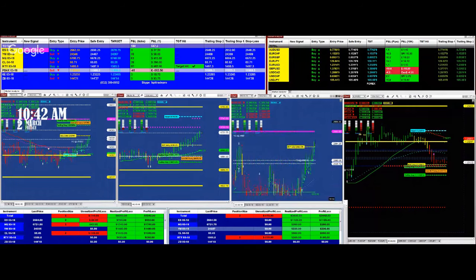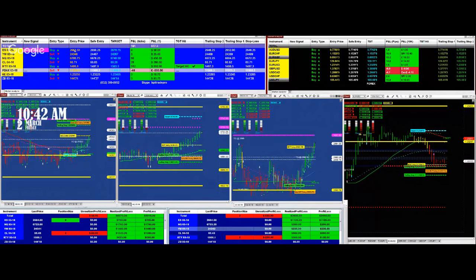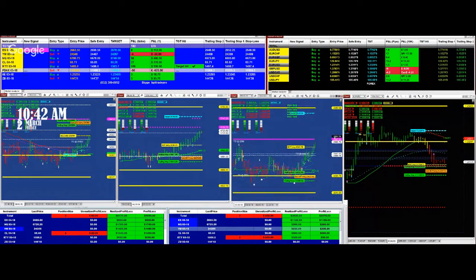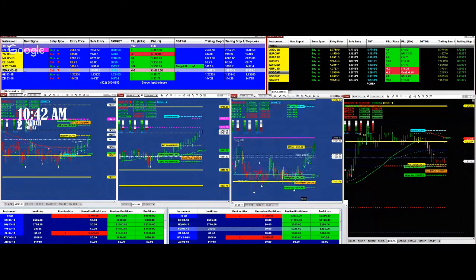We have a buy entry on the ES, and the buy entry on the ES is 63.50. Excuse me. The target is 78.75. Watch out for this major resistance at 67.